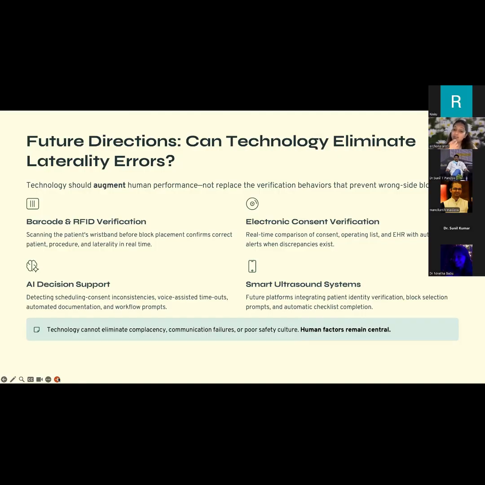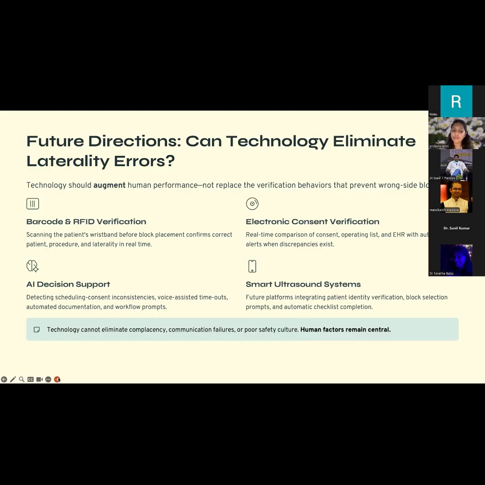You may have smart ultrasound systems integrated that can confirm the site when you input the diagnosis into the patient information chart, and also AI decision support that can detect scheduling inconsistencies, maybe voice-assisted timeouts, and automated documentation workflow prompts.